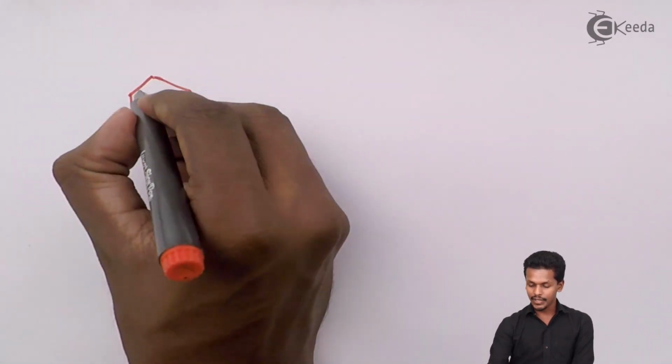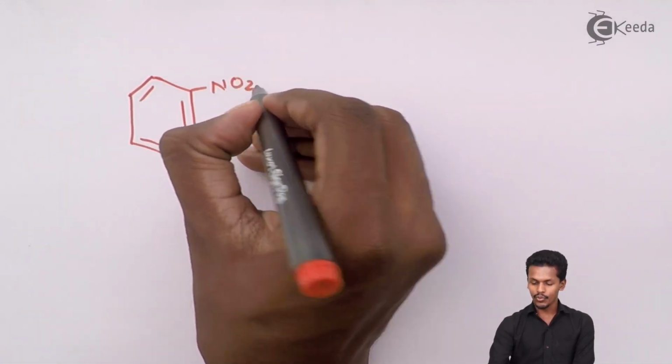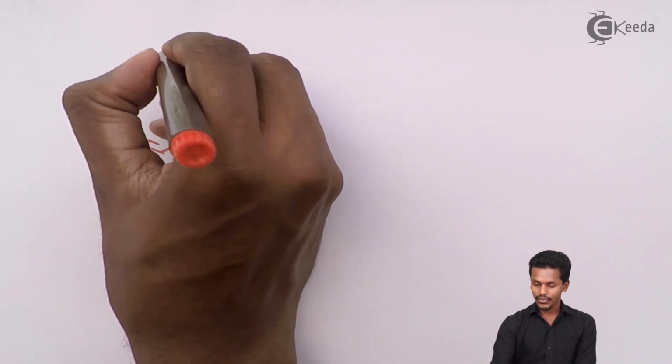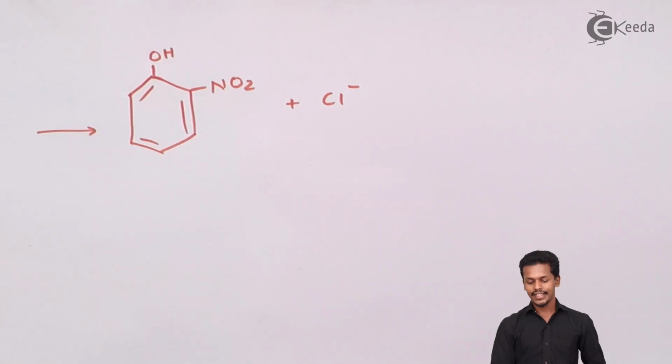Now the shifting has taken place in such a manner that we could get NO2 over here as well as OH along with that of Cl minus. So this is the substitution reaction that we have talked about.